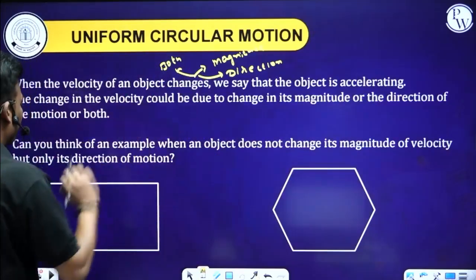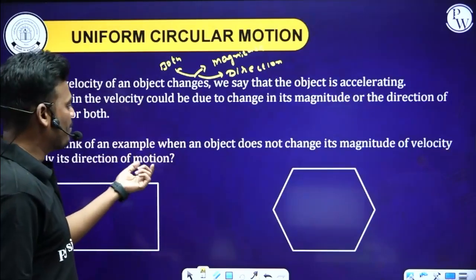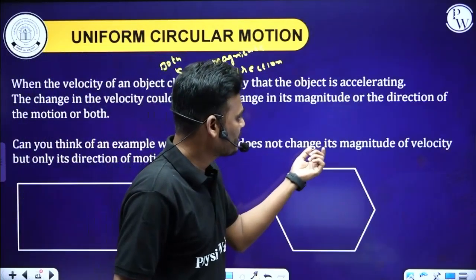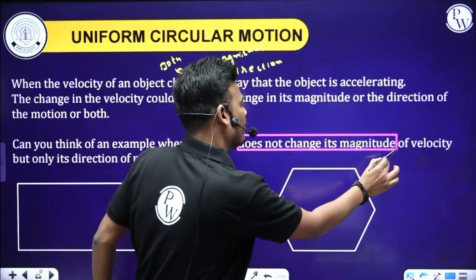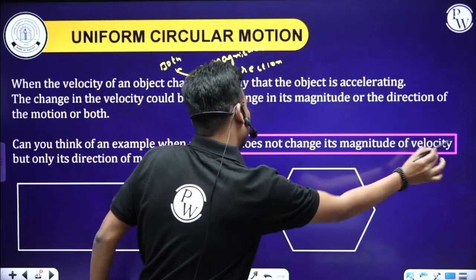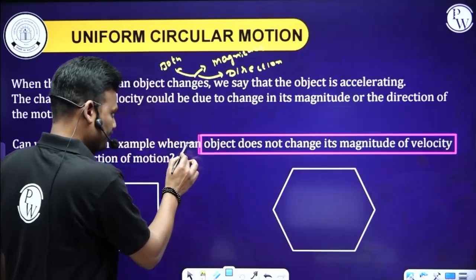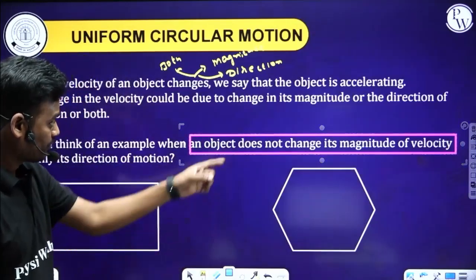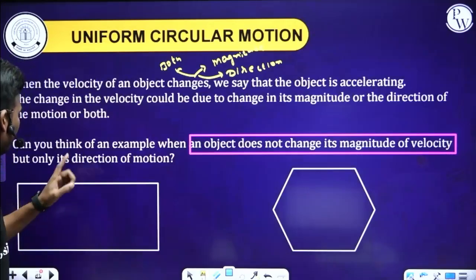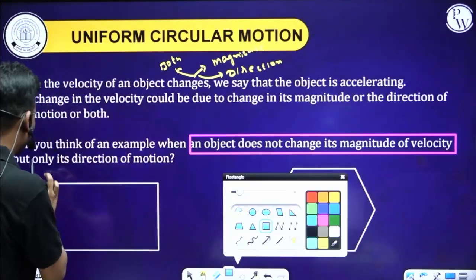Now, can you think of an example when an object does not change the magnitude of its velocity, but only its direction?